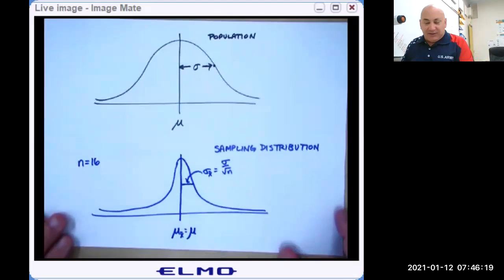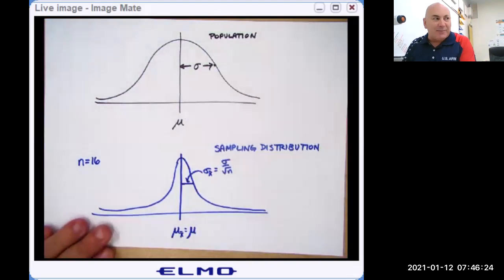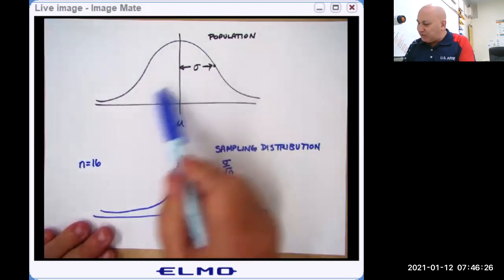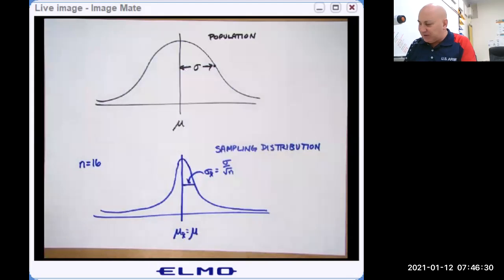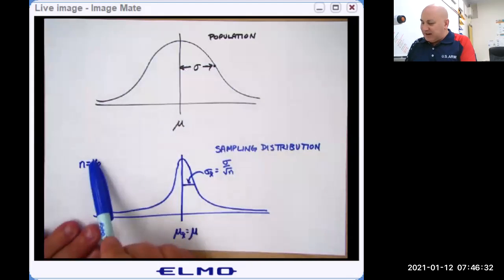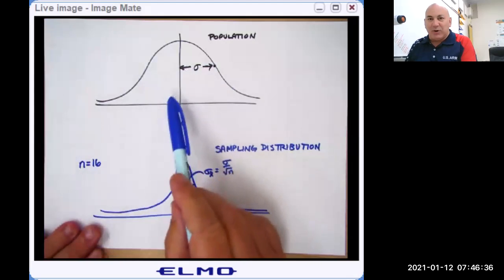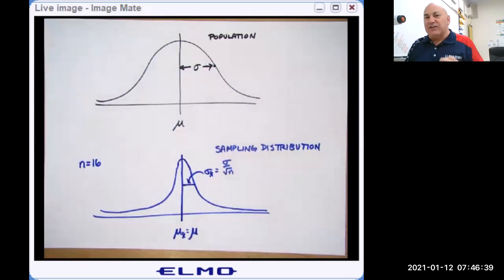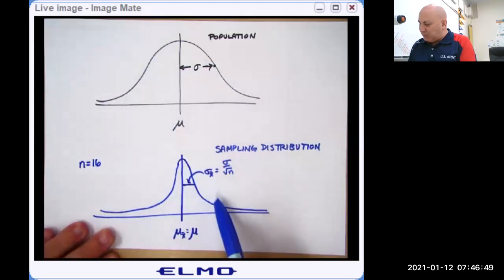Here's what that means. Let's take a population. I'm going to simplify it a bit. Let's say our population is normally distributed with a mean of mu and a standard dev of sigma. Well, if I take a sample of 16 from this, I take 16 data points and I average them, 16 data points, average them, 16 data points, average them, and I plot all of those, then I'm going to get a sampling distribution that's approximately normal.